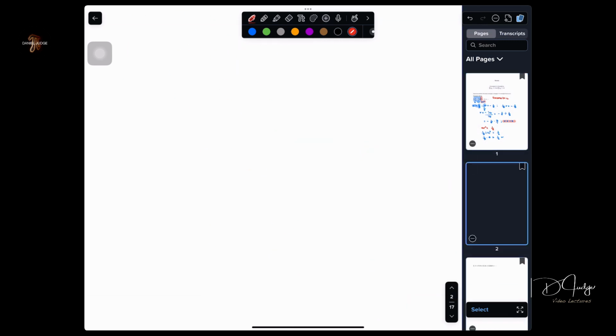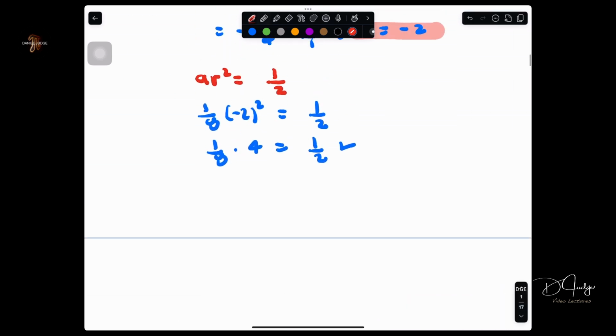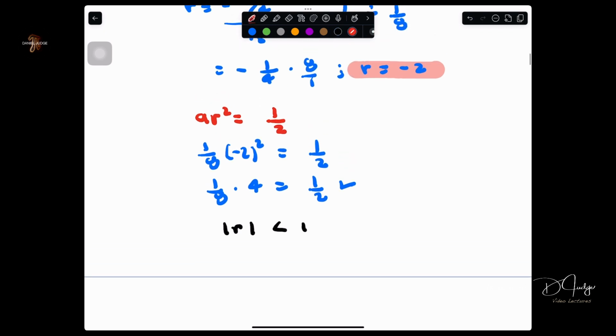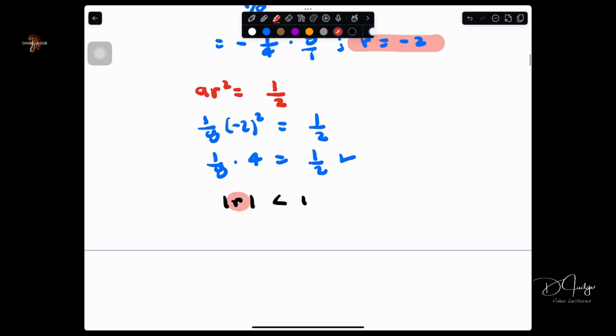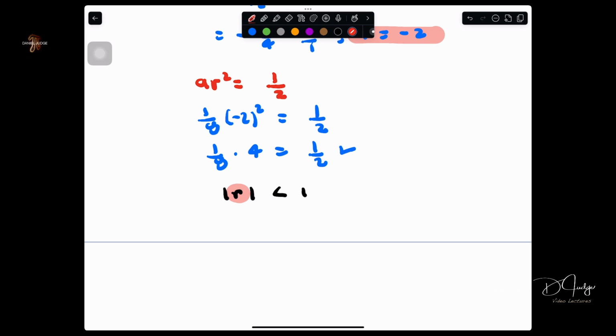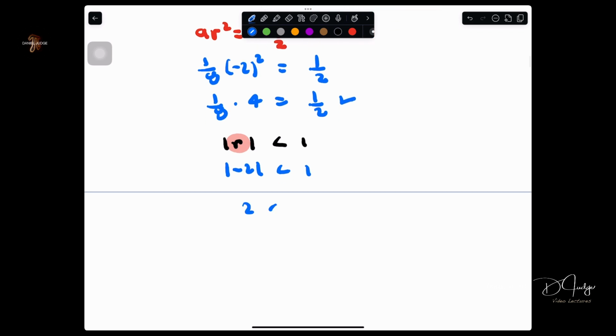Now, geometric series converge if the absolute value of R is less than 1. Now, R is negative 2 here. We plug in the negative 2 for R. So what do we see here? That the absolute value of negative 2 is in fact positive 2, and positive 2 is not smaller than 1.